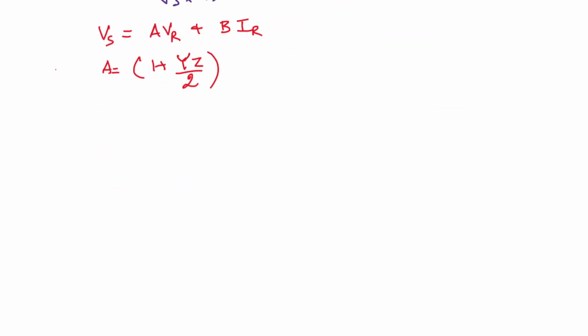Let me evaluate that. So it is equal to 1 plus, now what is Y? Y is equal to 7.38 into 10 to the power minus 4 angle 90 degree, multiplied with 1.2 at an angle of 74.2 degree.